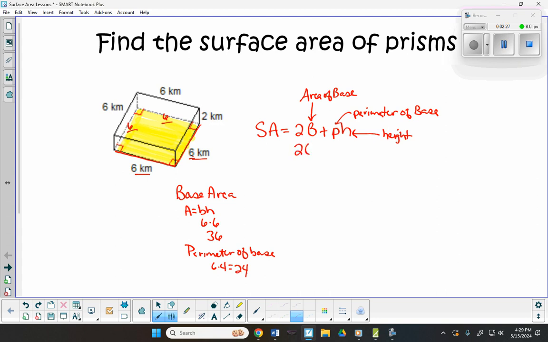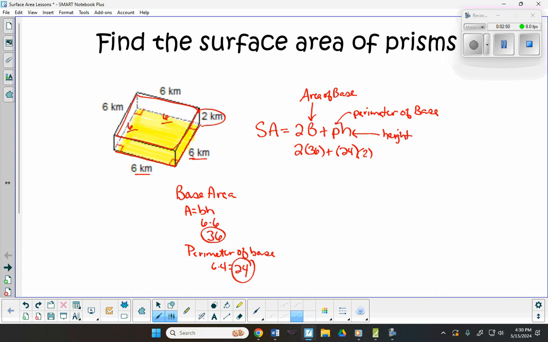So 2 times the area of the base, which is 36, plus the perimeter of the base, which is 24, times the height. Now the height is the distance between the bottom square and the top square, which is up here. Okay, the distance between them would be 2.